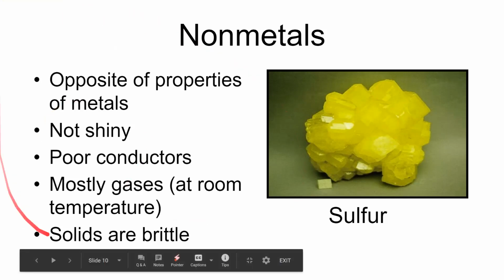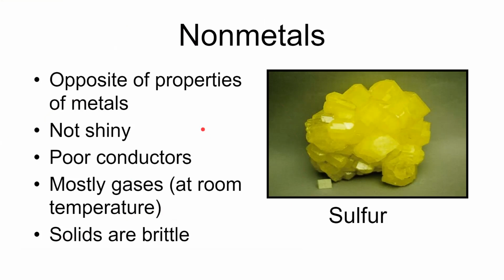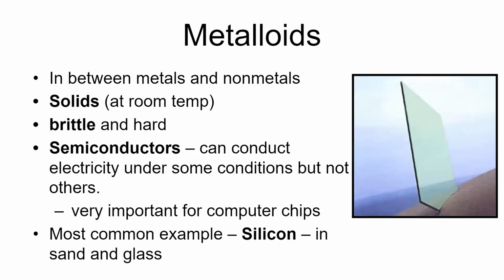All right, so pretty much like I was saying, metals and nonmetals are on opposite sides of the spectrum when it comes to their properties. So there are a handful of elements that have some metal qualities and some non-metal qualities. They fall sort of in the middle, and those guys are the metalloids.